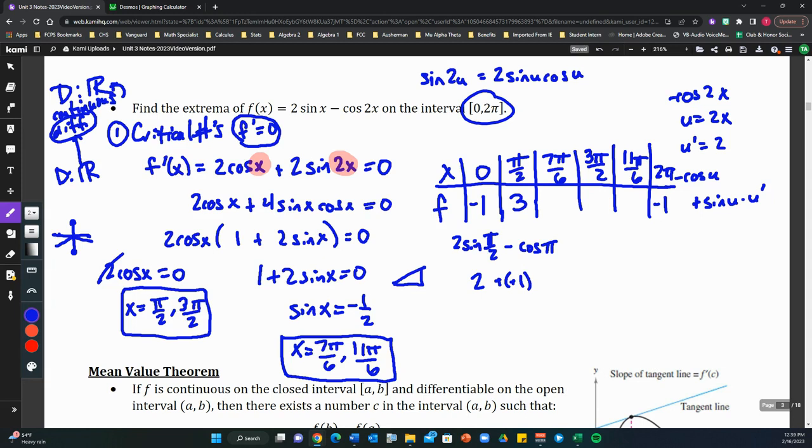All right, now the next one. So 2 sine of 7 pi over 6. Again, we know what those are because we just did that not too long ago. So that would be -1/2 times 2, or -1. And then minus cosine. When I double this angle, I get 7 pi over 3. 7 pi over 3 is more than one revolution.